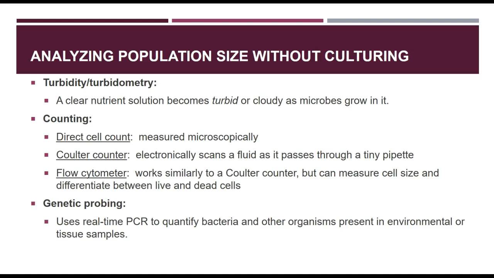Finally, we can use genetic probing, and this uses a real-time PCR. We can quantify or put a number on the number of bacteria and other organisms that are present in tissue samples or environmental samples by looking at DNA sequences and the thickness of those bands.